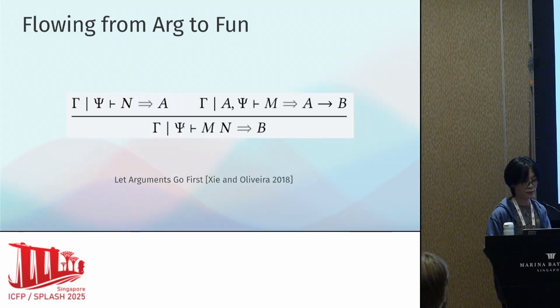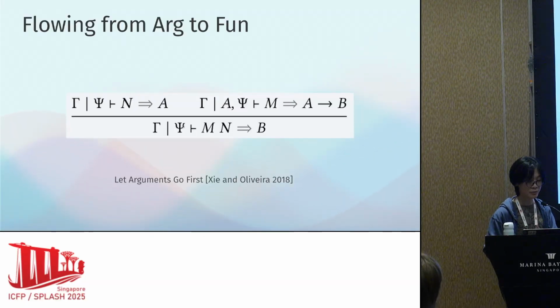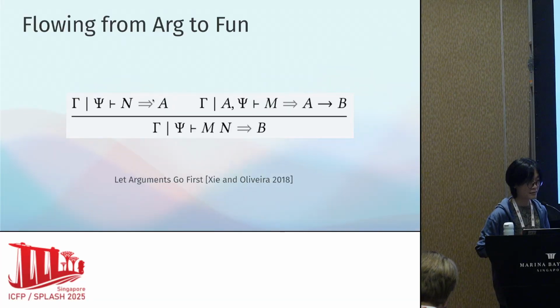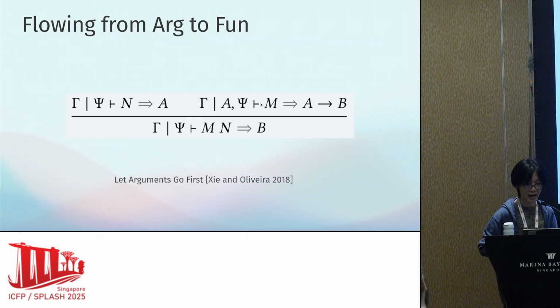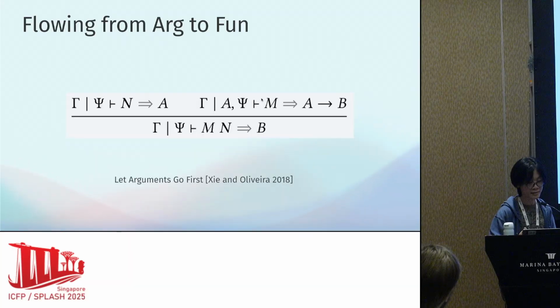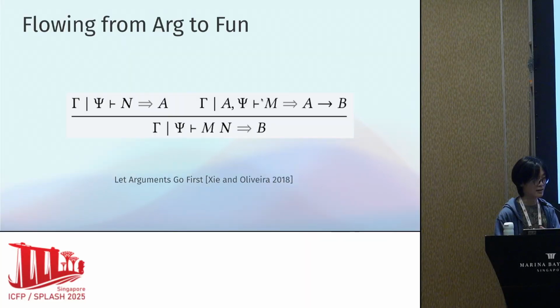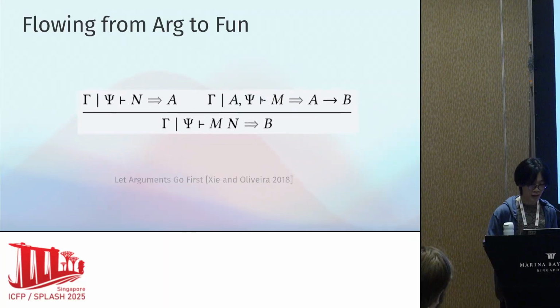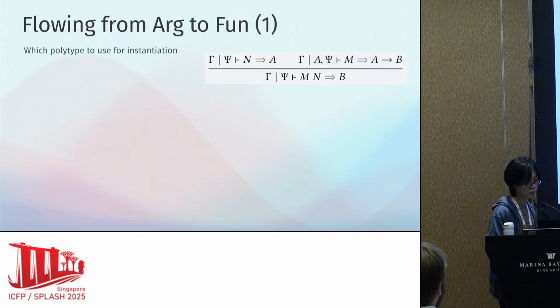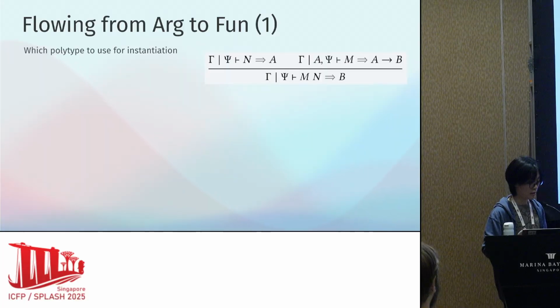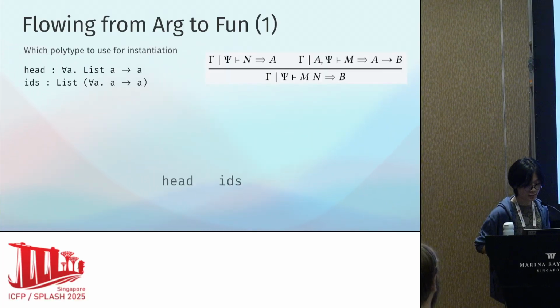So when we want to infer the type of m applied to n, we first infer the argument type A and append this type A to the new context for m, so that when we are inferring the type of the function, we can make use of the fact that its argument should have type A.